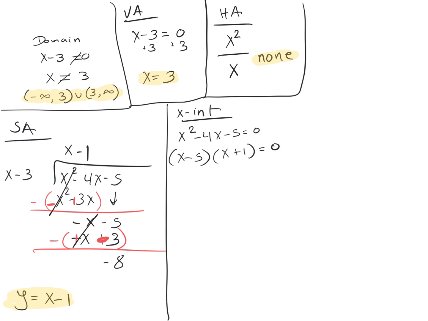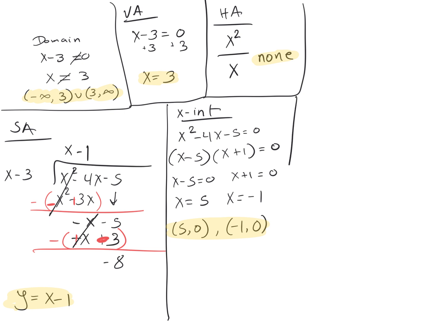We're going to go ahead and set each parentheses equal to 0, and we're going to get that x is equal to positive 5 and x is equal to negative 1. But since it is an x-intercept, we're going to have to write it in an ordered pair. So we're going to get 5, 0 and negative 1, comma 0.